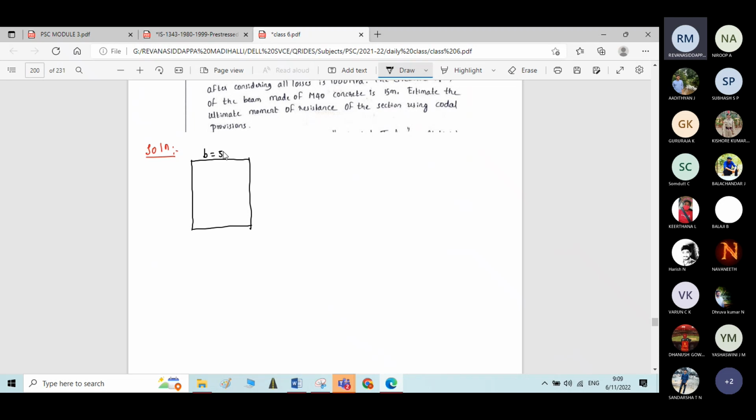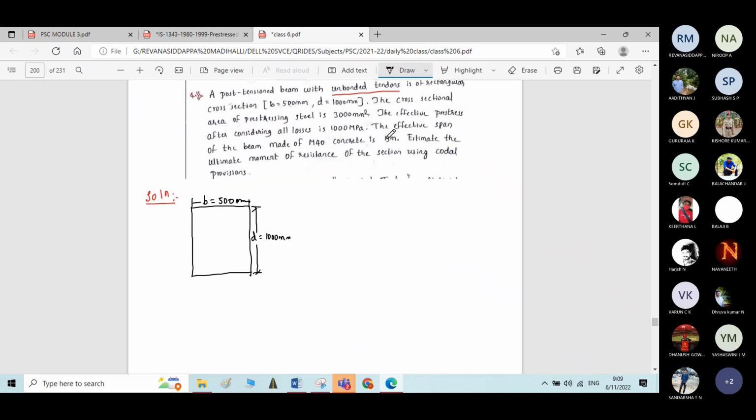B is equal to 500 and effective depth D is equal to 1000 mm. It is given. And very important, he has given that the beam is with unbonded tendons.